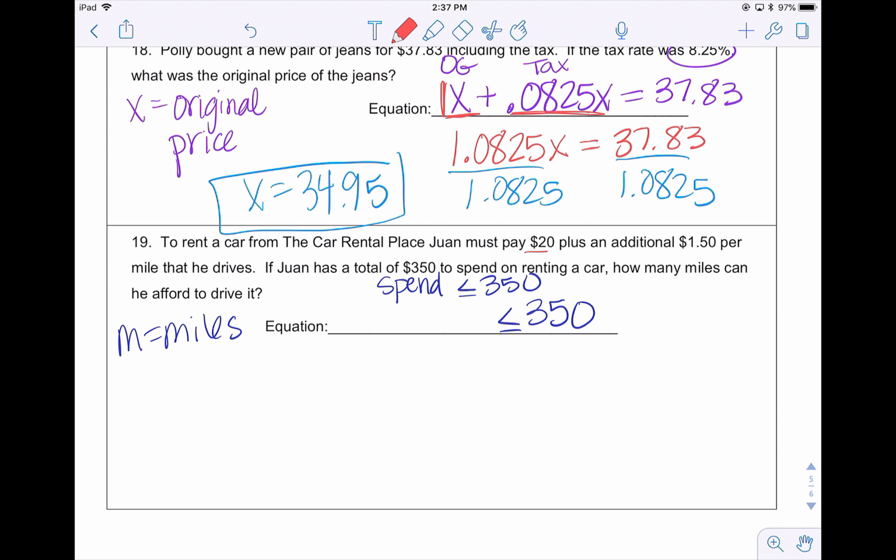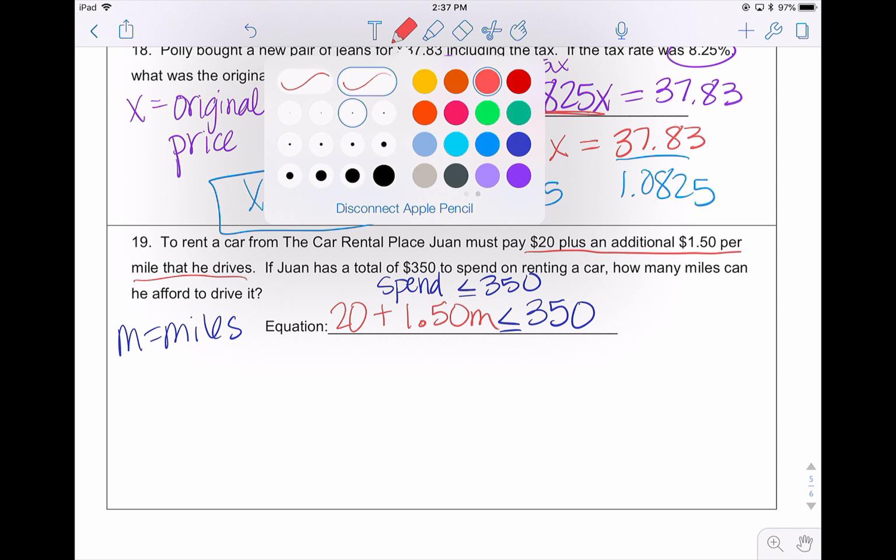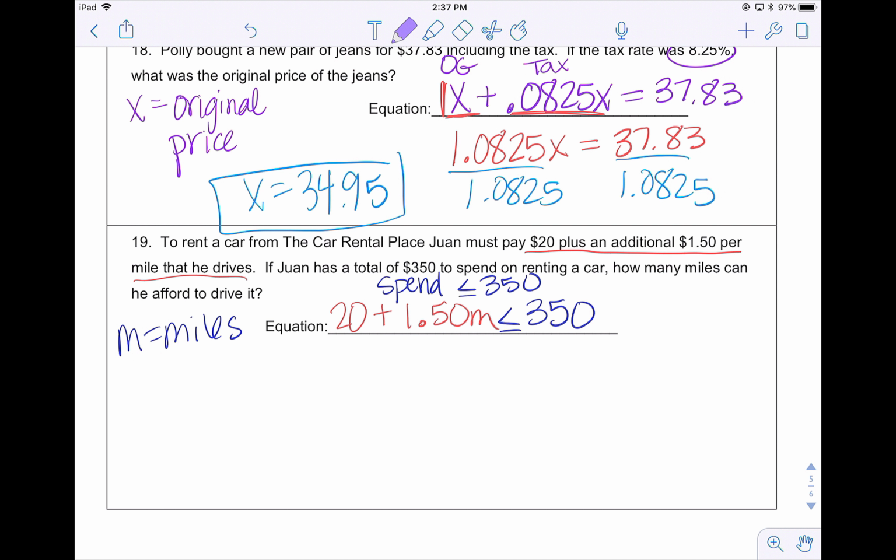Now what he's spending is $20 plus an additional $1.50 per mile. So $20 plus an additional $1.50 per mile is going to be my starting equation, and that needs to be less than or equal to the money he has. So to solve for M, I'm going to start by subtracting 20 from both sides.